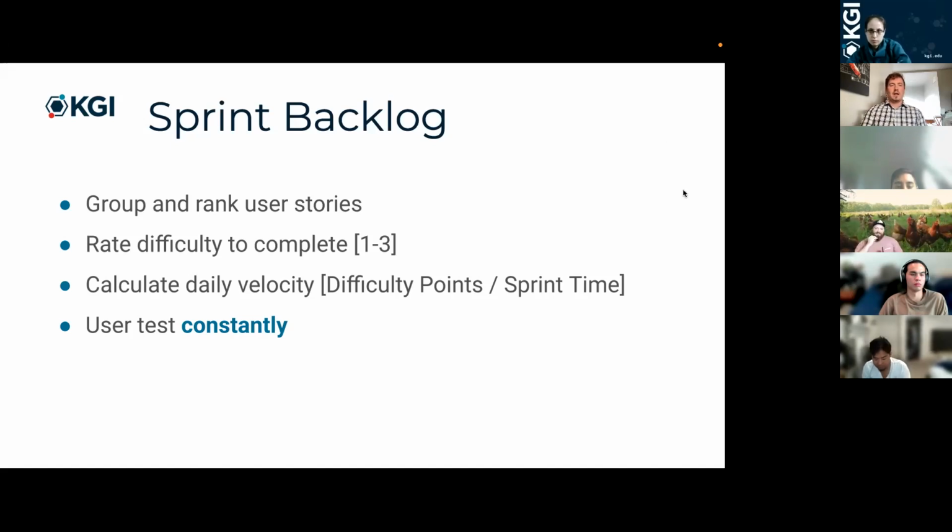Now, this is less important for you to do on your project, but if you were at a company that's following Agile methodology, they would want to calculate a daily velocity. And that is essentially the difficulty points divided by the amount of time that you have to complete it, right?